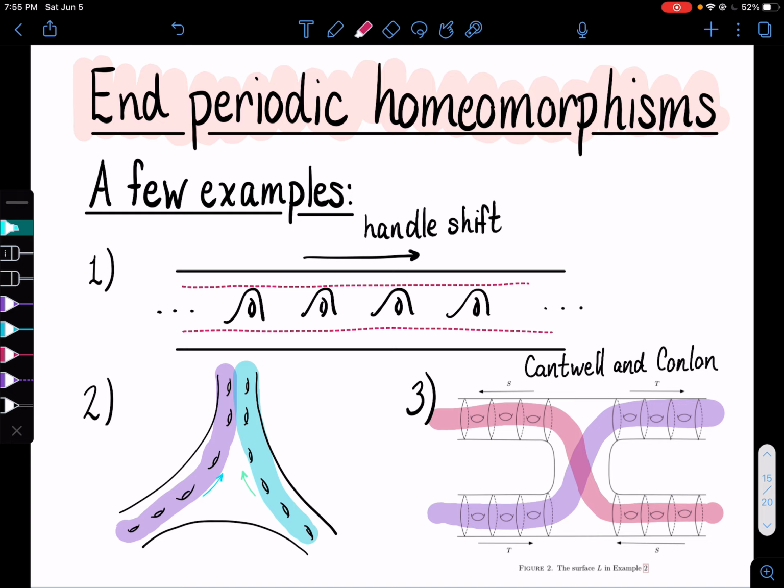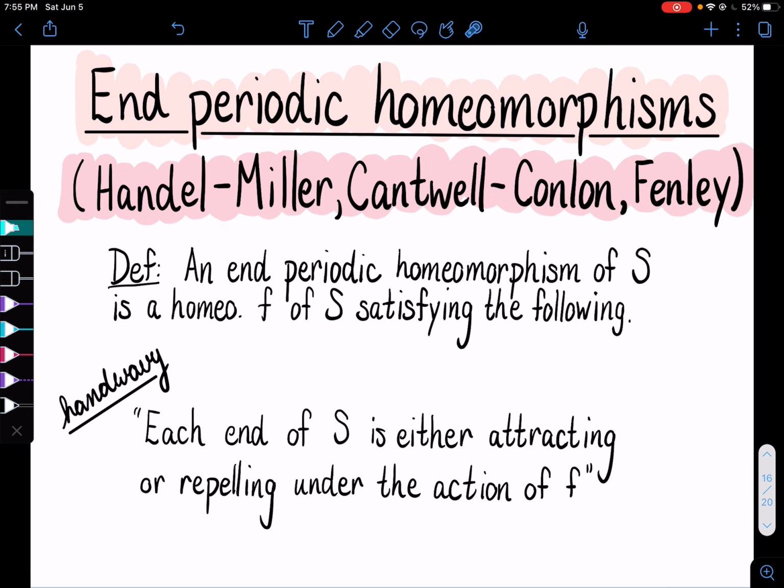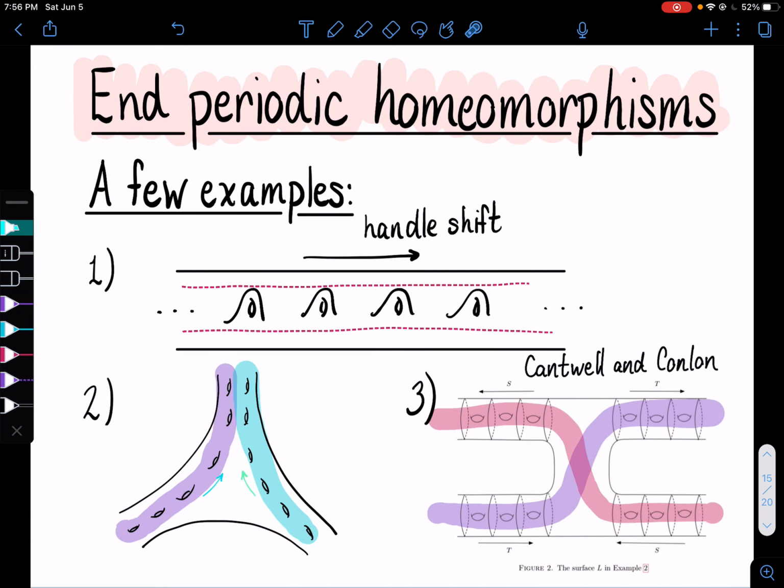And so I want to now make this notion, this repelling and attracting behavior, into something a little bit more precise. But first I'll just state it in a very hand-wavy way: an n-periodic homeomorphism of S is a homeomorphism F of S which satisfies the following, that each end of my surface S is either attracting or repelling under the action of F. Okay, so that's what I'm seeing here, right?